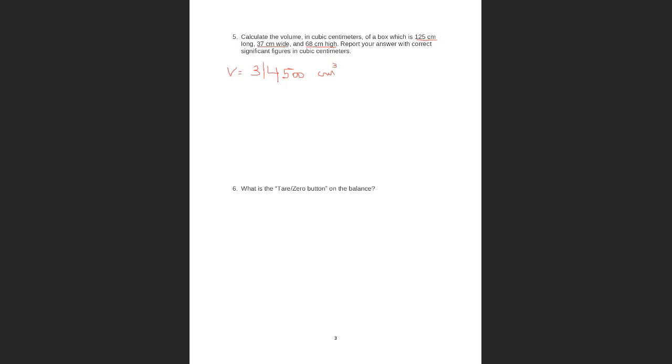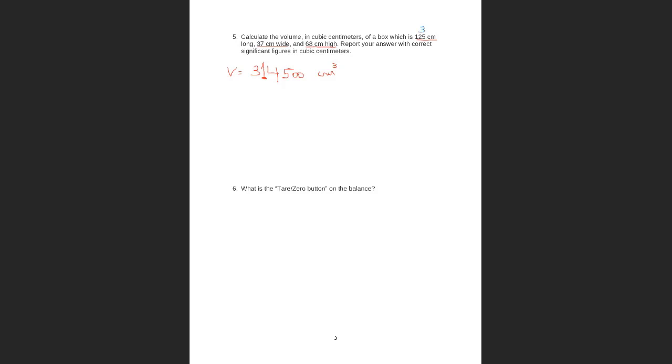Yes. Very good. Now we have to look at how many sig figs we need to include in the volume. How many sig figs has the first number? 125. How many sig figs do you see? 3.